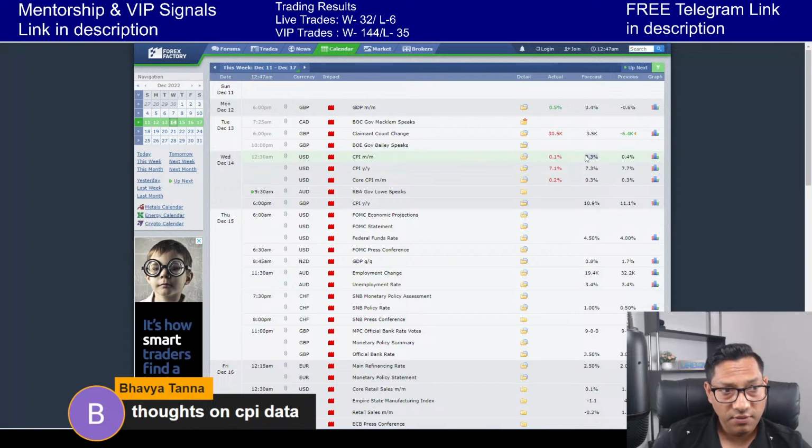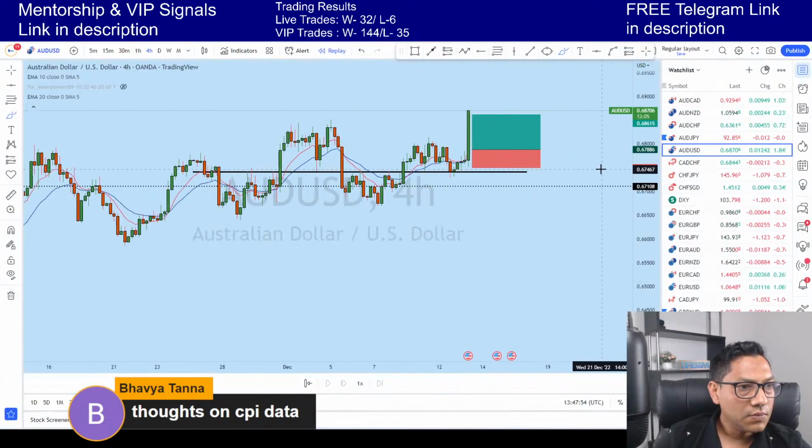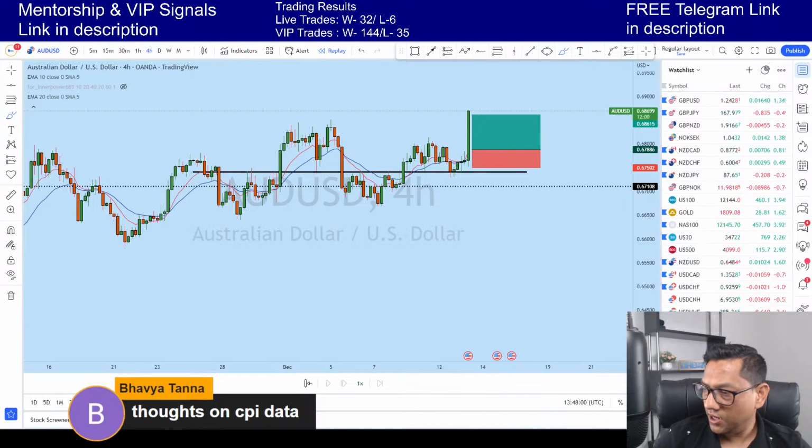Forecast was 0.3, actual 0.1, which is less. Forecast was 7.3, actually 7.1, less. Forecast was 0.3, actually 0. So all those data are less than expected. As a result, the dollar is getting weaker, and AUD USD is jumping to the upside.